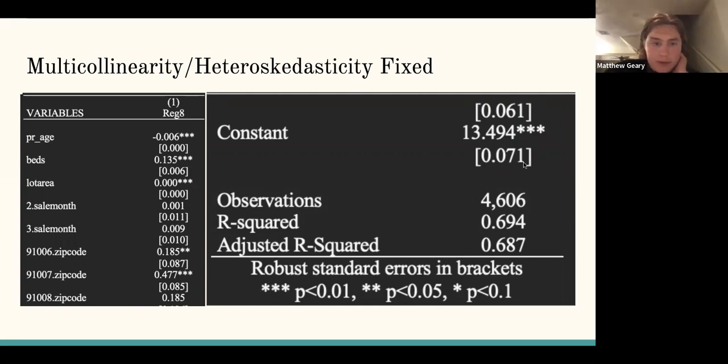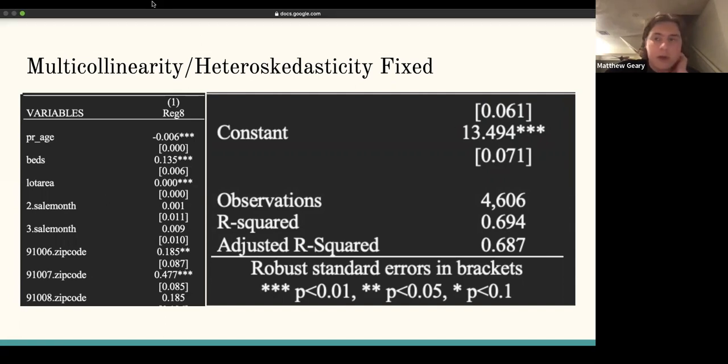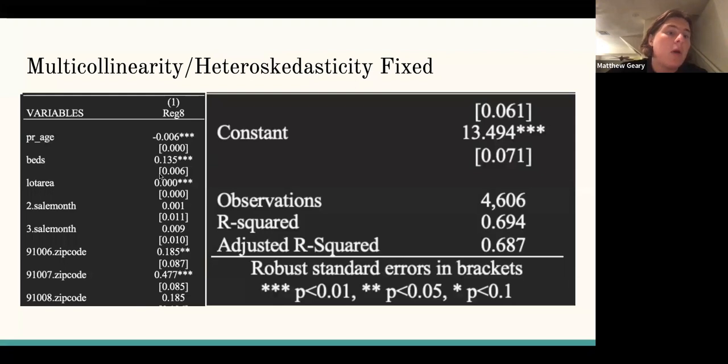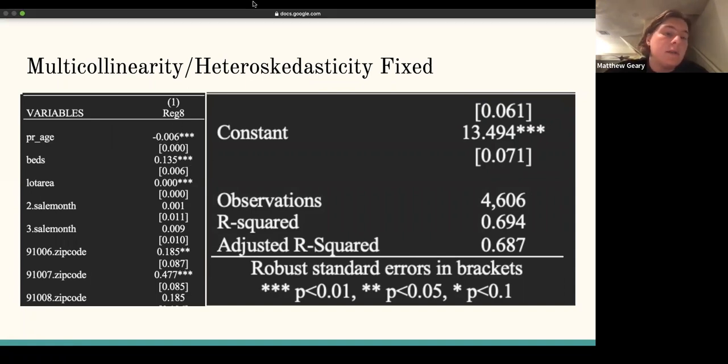And there's 4,606 observations. And you can interpret these variables over here pretty easily. And so a 1 unit change in the PR age is associated with a 0.006 decrease in LNPR.